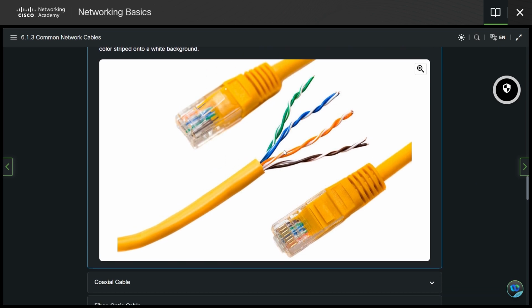In the image, we can see green with white, blue with white, orange with white, and one more color, which I don't remember.